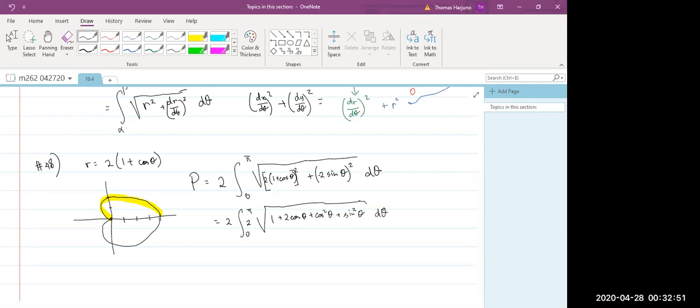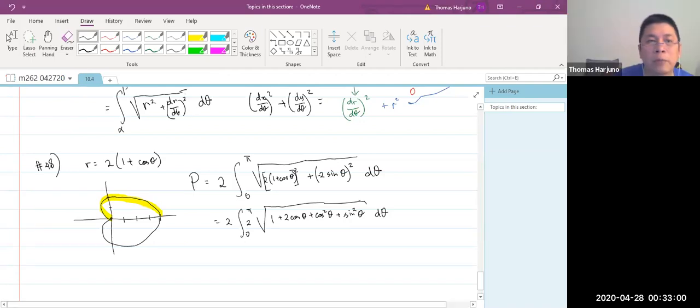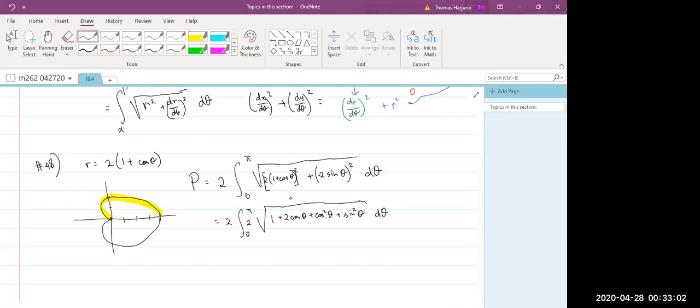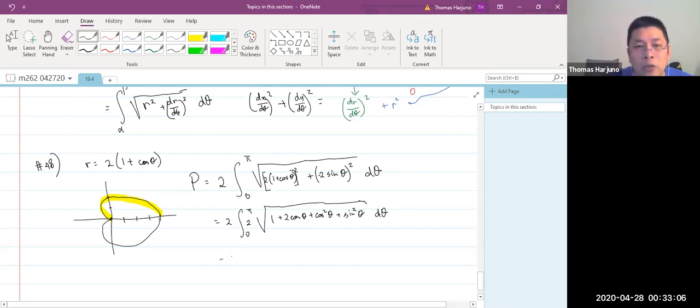Wouldn't the first term be, isn't it dr d theta squared and not just r squared? Okay, sorry, yeah, I swapped it. Yeah, that's okay. And then this will be 2, actually 4 now, the integral from 0 to pi of the square root of 2 plus 2 cosine theta d theta.